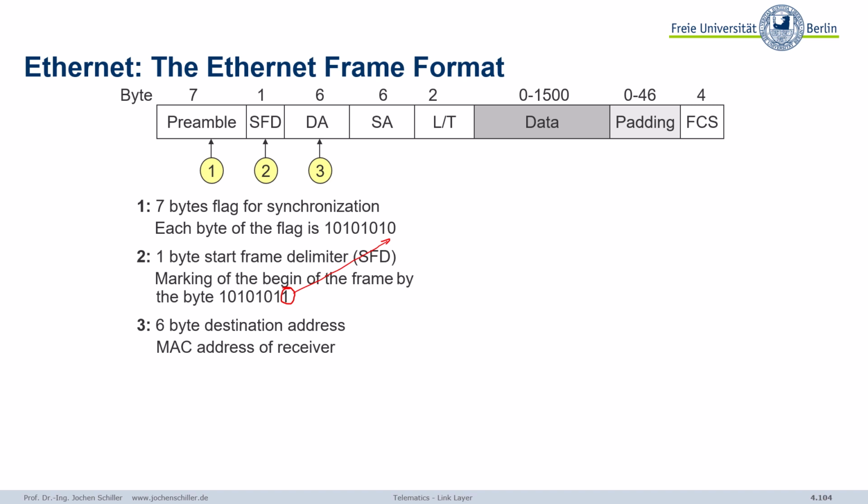This is a worldwide unique address given by the manufacturer of the device. Then we have a source address telling where this packet comes from. We will learn where we need this when we have a closer look into switches. Right now, we just have a destination and a source address like on any letter.